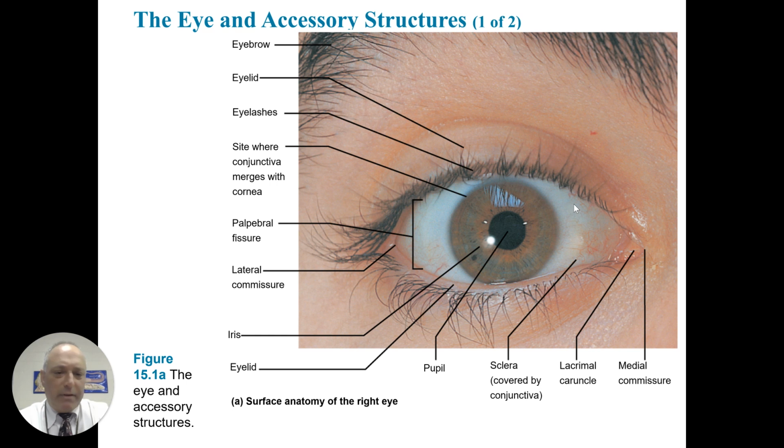When there's a conjunctivitis infection, it's of these blood vessels. They get a little bacteria in them and make the eyes red, and a lot of neovasculature happens where new blood vessels grow. The palpebral fissure is the opening of the eye, a slit.